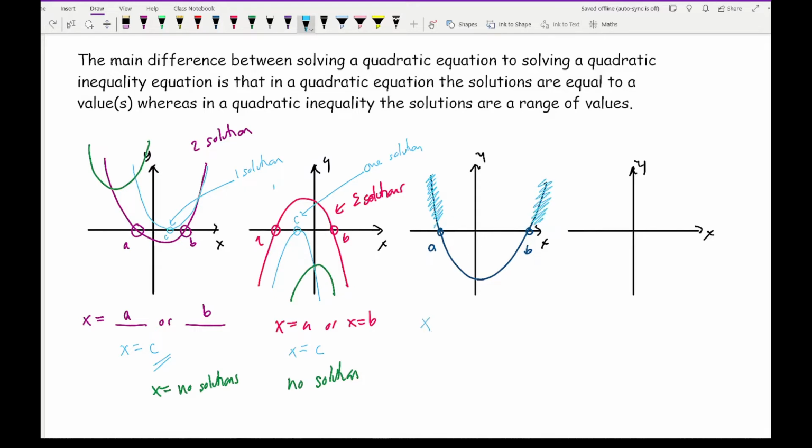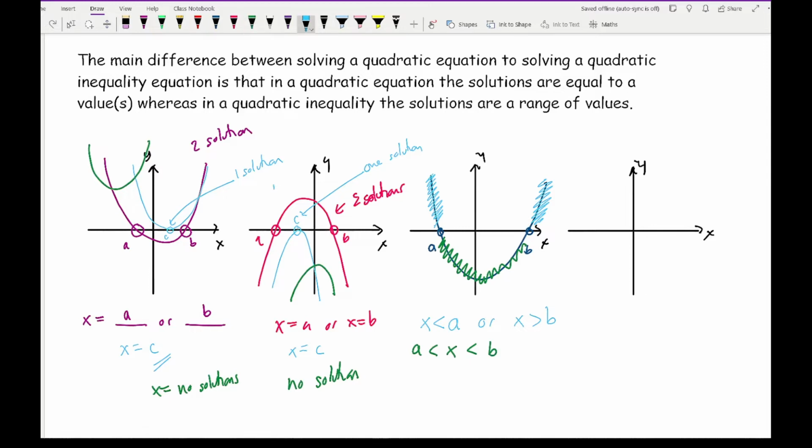So here we could end up where x is less than a or x is greater than b, or we could end up with this middle section, which we could call chin fluff. And so there we've got a range of values where x is between a and b, and that's generally what your answers will look like. It will look like either one of those two depending on what you're dealing with.